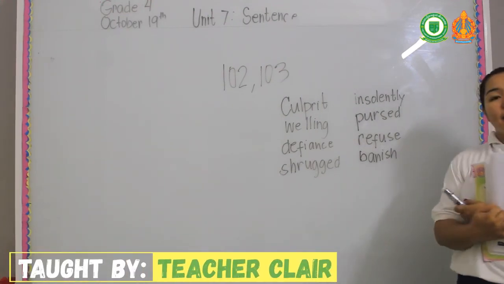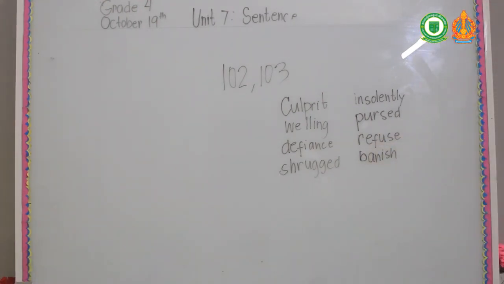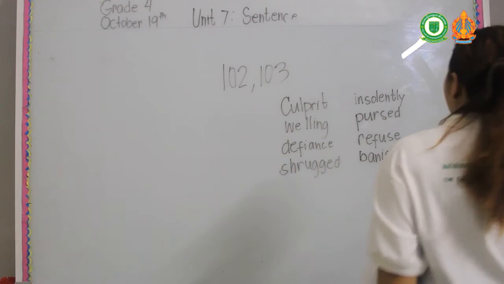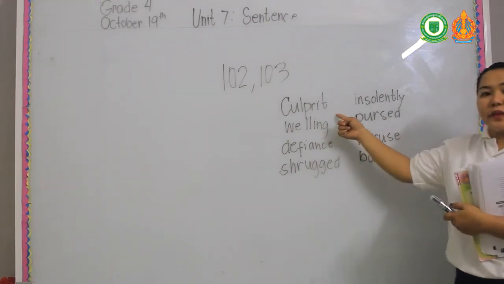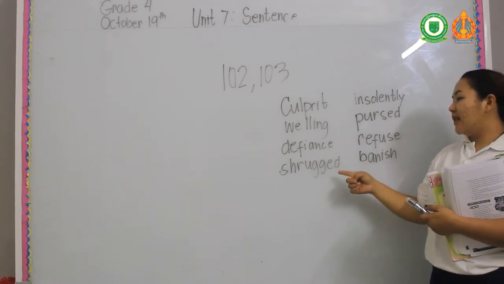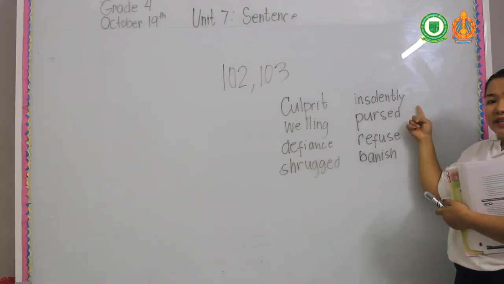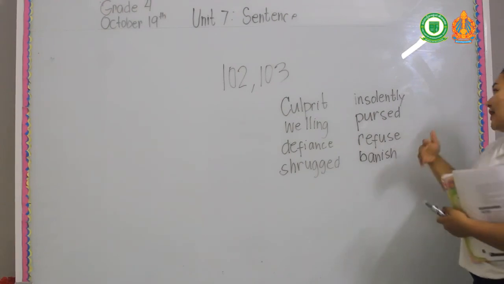So let's read it, okay? Okay, one moment. Alright, let's read this word. Culprit, welling, defiance, shroud, insolently. So you have to say it a little bit faster.